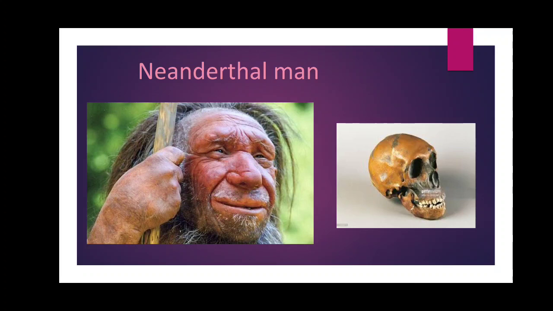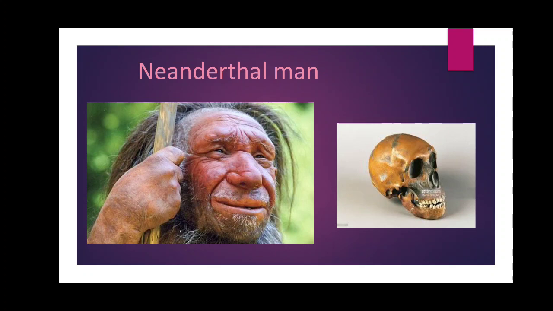They exhibited characters like absolute bipedalism, large head, broad, flat, and sloping forehead. As you can see in the skull portion and in the picture too, how their forehead was sloping and flat. They had prominent eyebrow ridges, almost no chin, and less hair on the body.